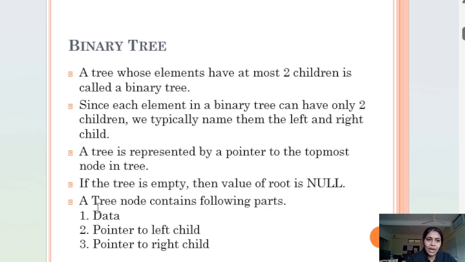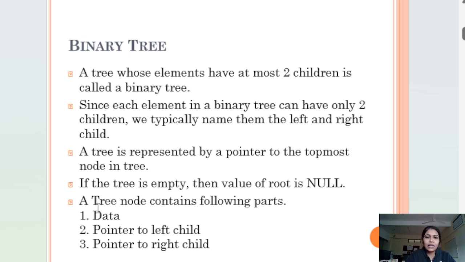Since each element in a binary tree can have only two children, we typically name them the left and right children. So there is a left node and a right node: one is called the left child and the other is called the right child.